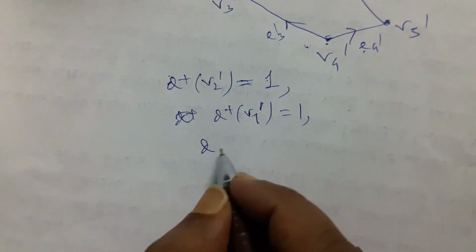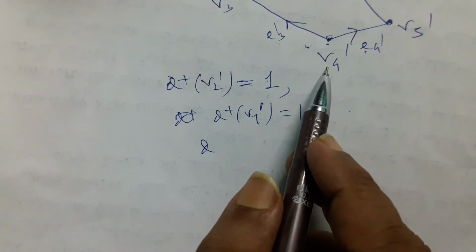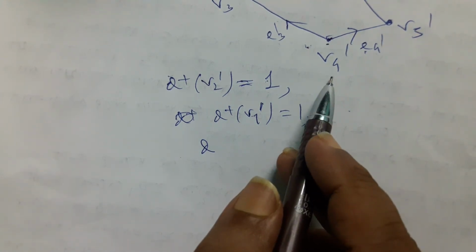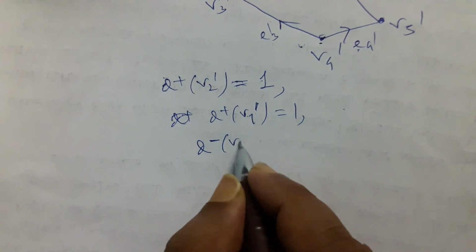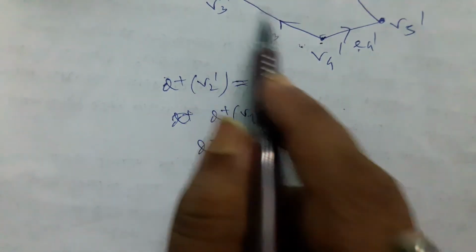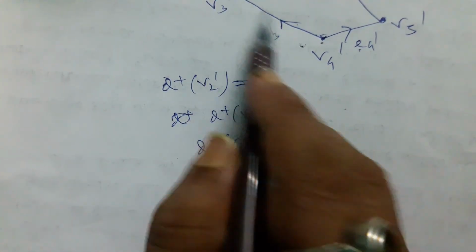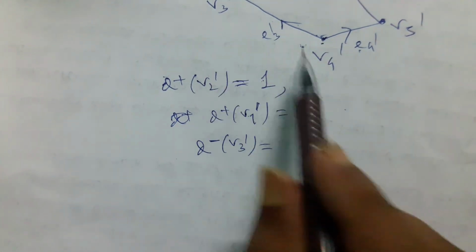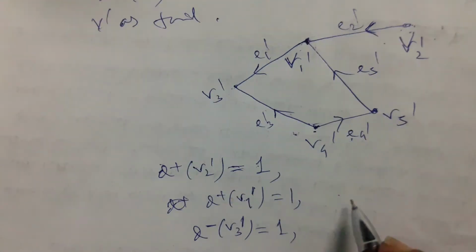And observe that d minus of v3 dash, very important here. It is going to head, that's why the number of arcs going to head towards v3 dash, from v4 dash to v3 dash, will be 1. It is in degree, not out degree.